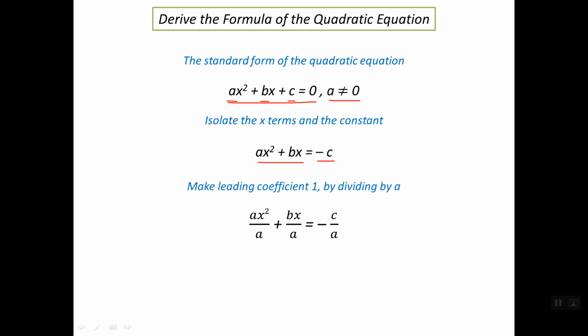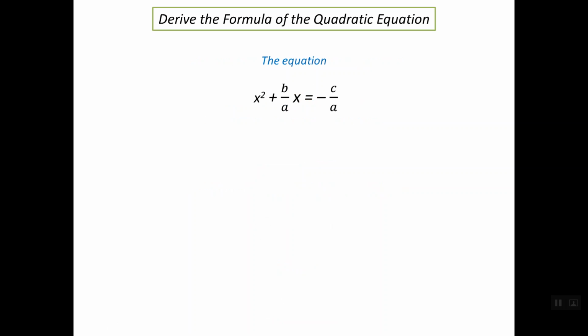By dividing by a, we have ax squared over a plus bx over a equal minus c over a. Now we can simplify. So x squared plus b over a times x is equal to minus c over a. So this is the equation we have.